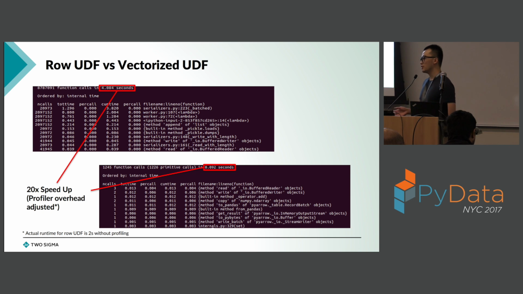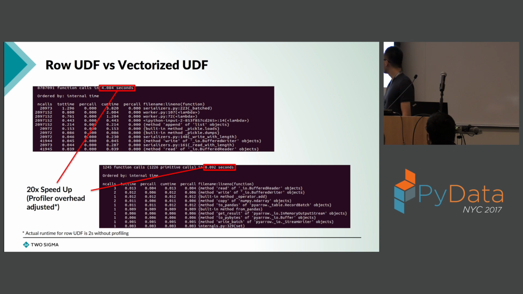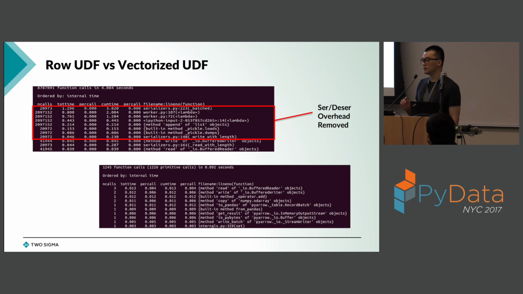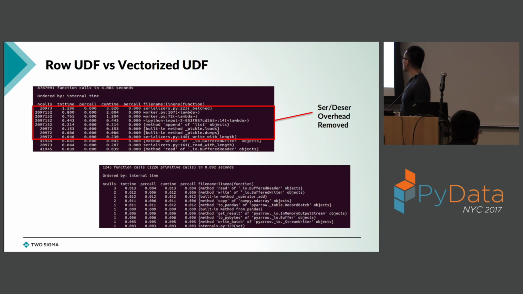This is the same benchmark we did before and after the change. Before, it takes about 4 seconds, and after, it takes less than 100 milliseconds. So it's a great speedup, first of all. And second of all, if we look a little bit closer, we can see all the overhead of serialization and deserialization is removed from the bottom version.